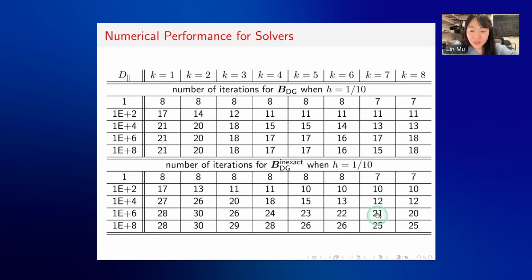So again, this validates our robustness with respect to the anisotropy and k. Then comparing the inexact solver and the exact solver, the required iteration counts are very similar. So this also tells us the inexact solver works, and we can use that to help us solve the problem.